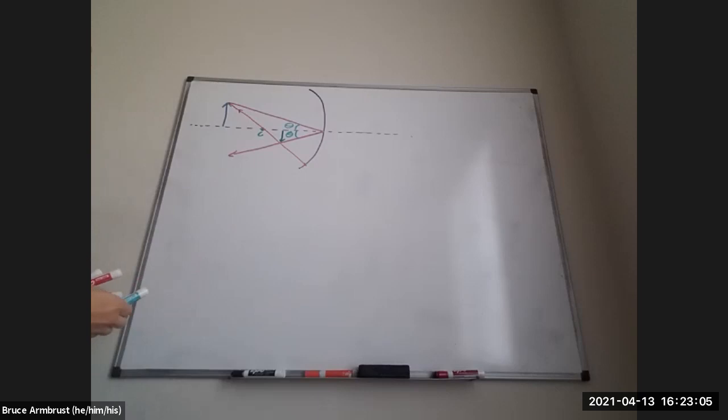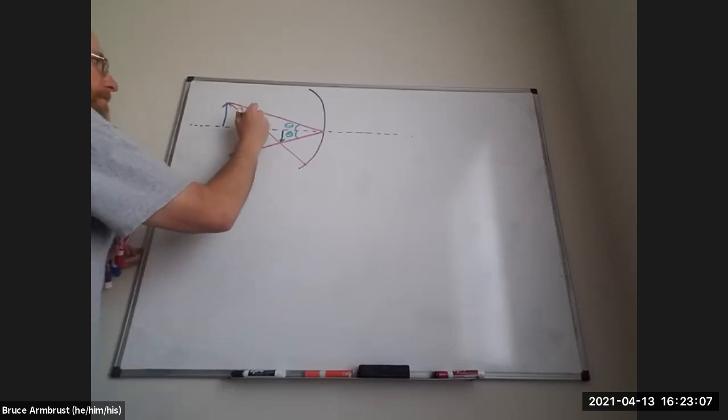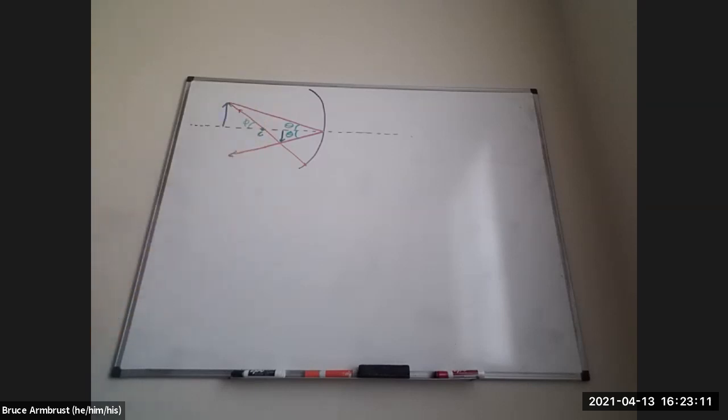And then I'm going to label one more angle, this one right here, as phi. All right, so now that we have all this, let's go ahead and start doing some geometry.